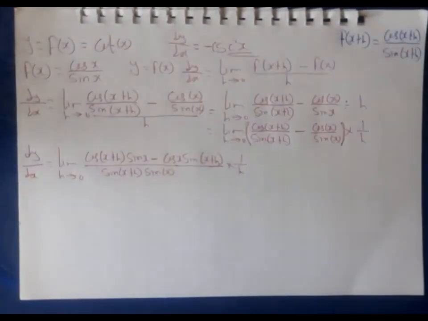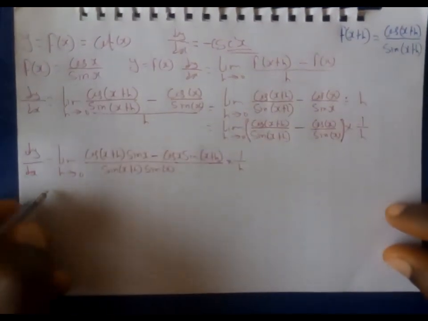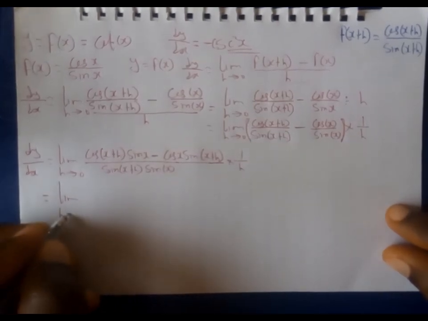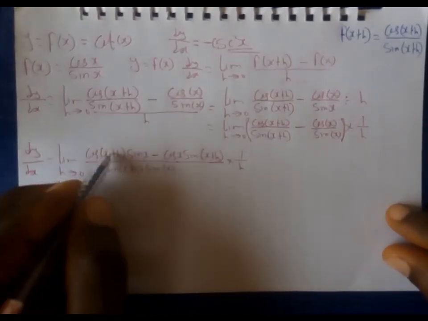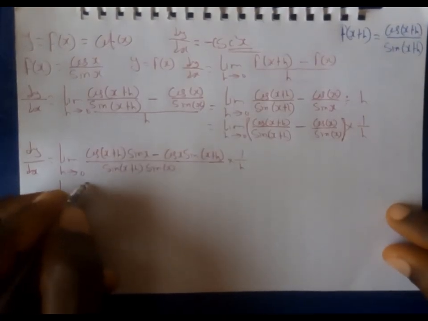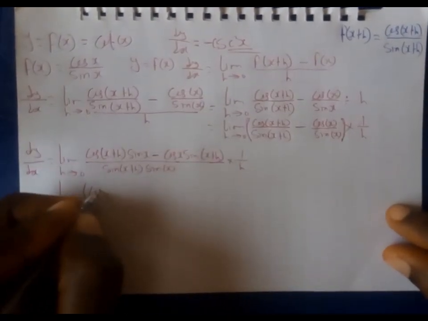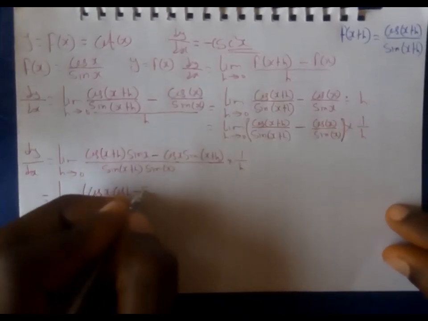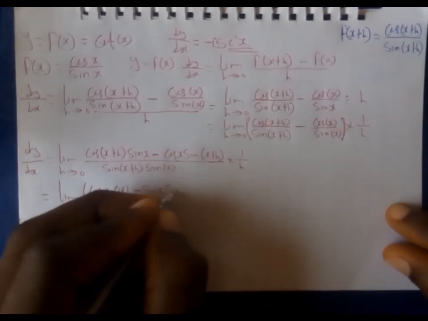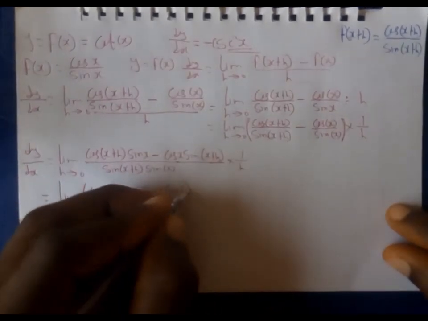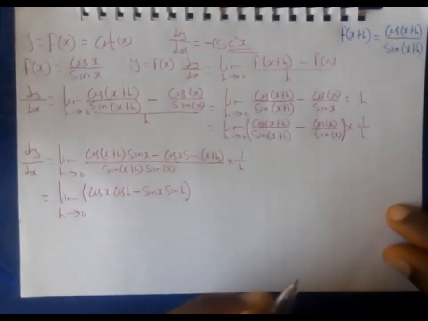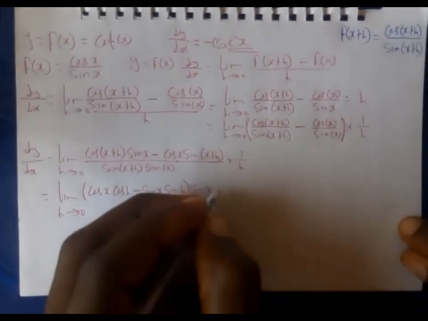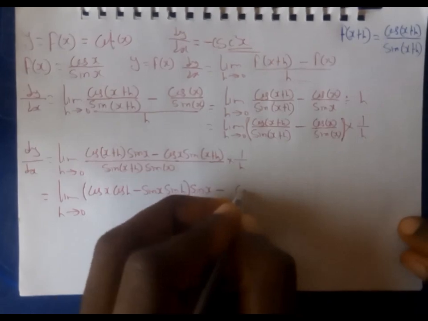Okay, for now. Good. So therefore, the limit, or the derivative, is now equal to the limit, let me try and make it a little bit bigger, as h approaches 0. So cosine of x plus h, and put it down in bracket. We say that will be cosine of x times cosine of h, minus sine of x sine of h. Perfect. Then we close the bracket. Don't forget we still have sine x multiplying the entire expression. So we have sine x. The minus, we have cosine of x.